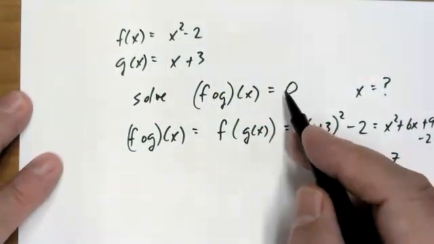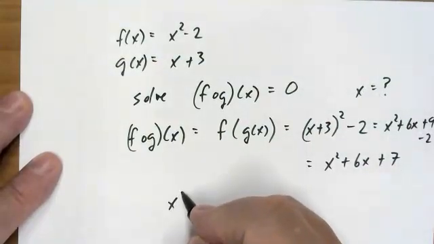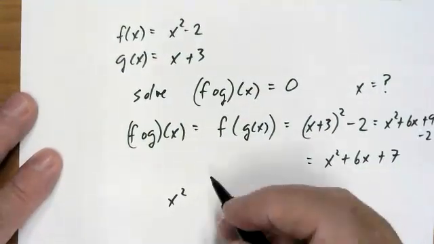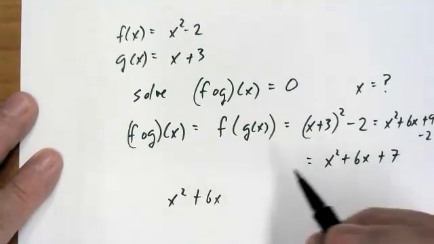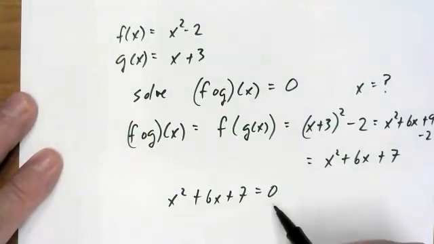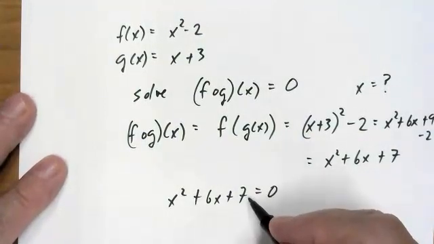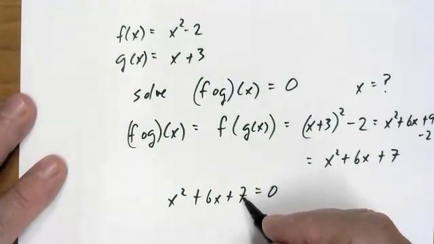So I'm going to take this, set equal to 0, and I'm going to solve for x. So x squared plus 6x plus 7 equals 0. I believe this factors. Does it factor? Actually, it does not factor. This is sort of a pain.